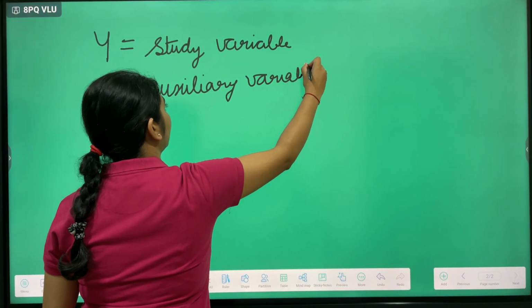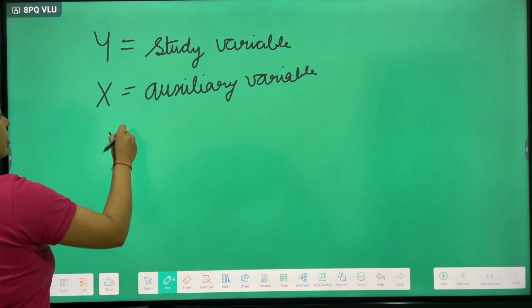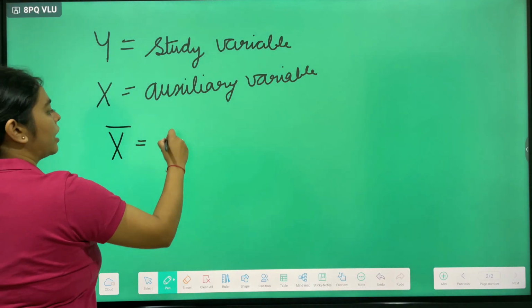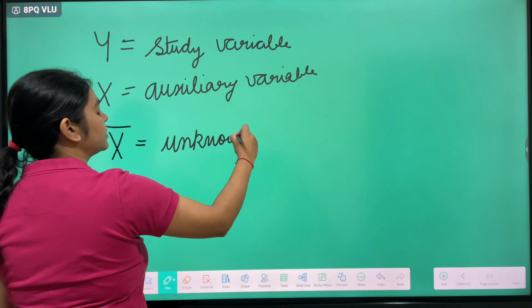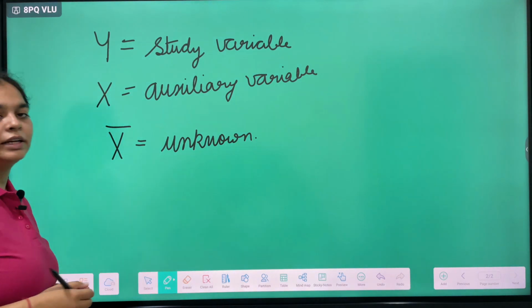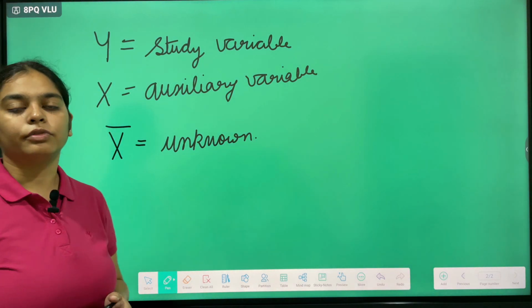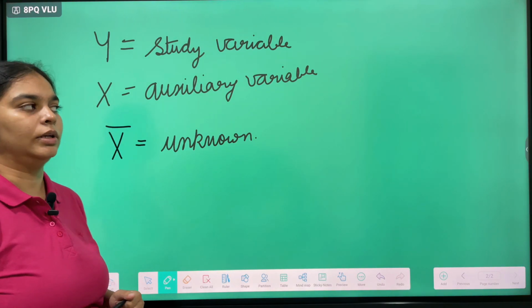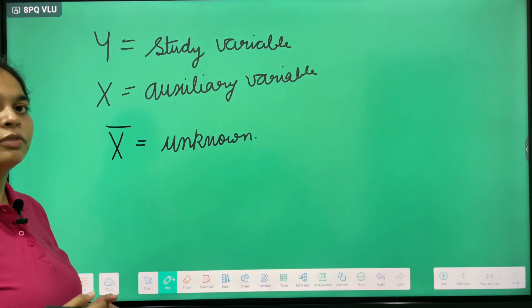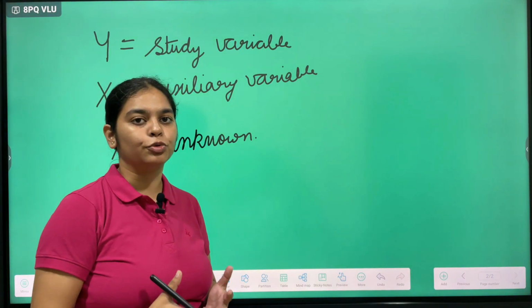But here, the mean of auxiliary variable is unknown to us. Since it is not known, we cannot directly apply those methods of regression estimator, ratio estimator, and product estimator.